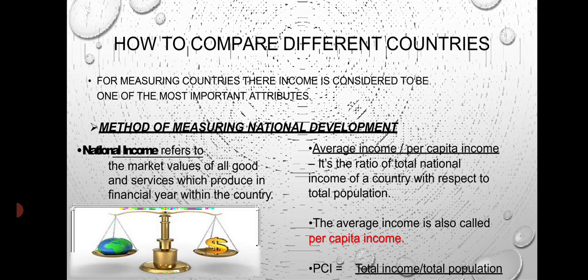So it is hiding the disparities. We do not come to know how many people are rich, how many are poor. So it hides the disparity of the country. So per capita income or the average income may not be a right criteria to compare the different countries.